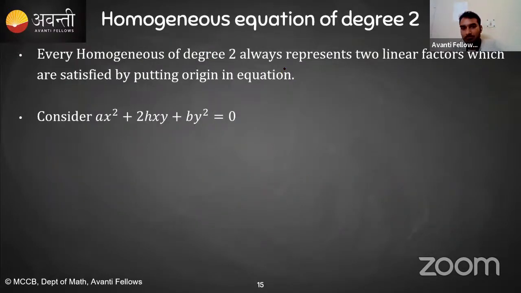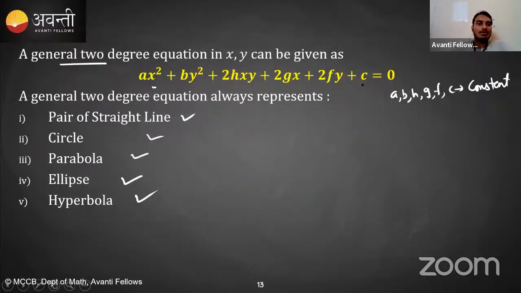Once again, I said that a general equation of degree 2 can be represented as ax square plus by square plus 2hxy plus 2gx plus 2fy plus c equal to 0. It means a general equation of degree 2 in x, y will have terms of x square, xy, x, y and c, right?